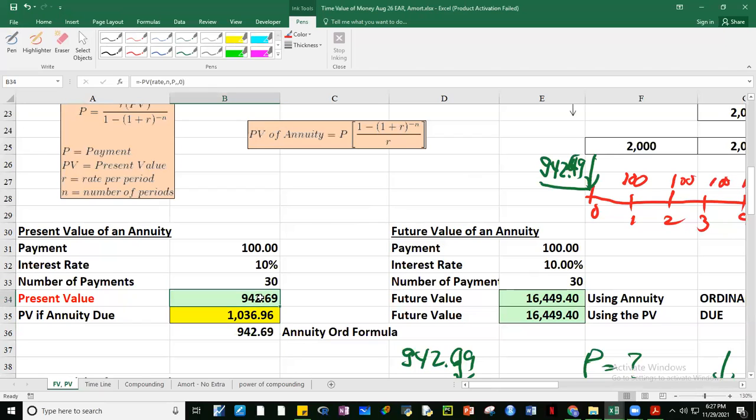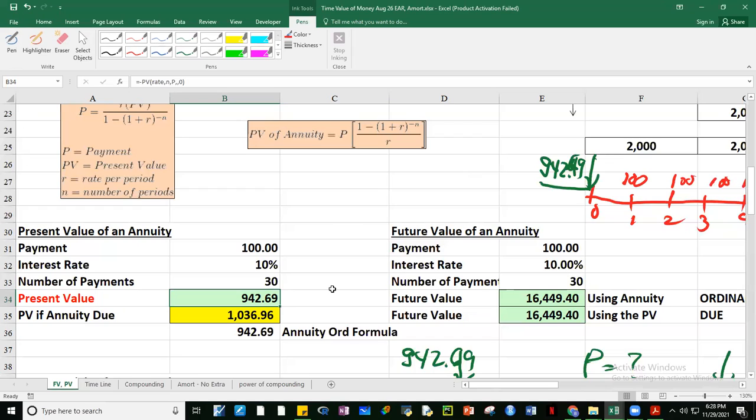So, what does this say, guys? We are indifferent to getting 100 for the next 30 years to 942.69 now. If you're asked, anong pipiliin mo? 942.69 ngayon o 100 for the next 30 years?